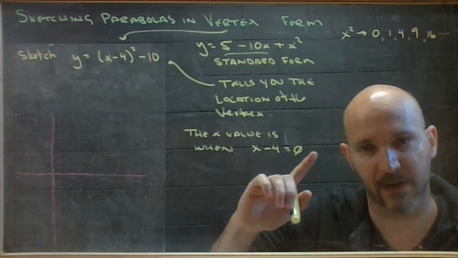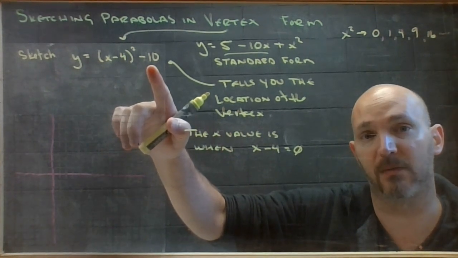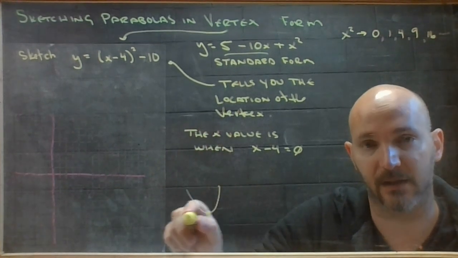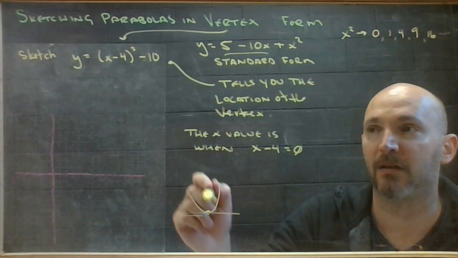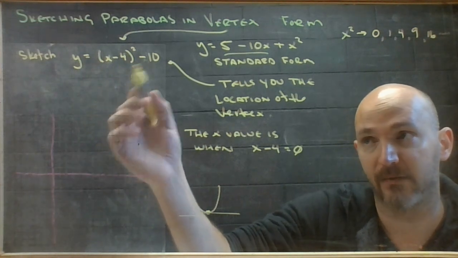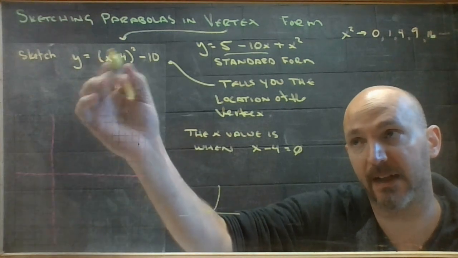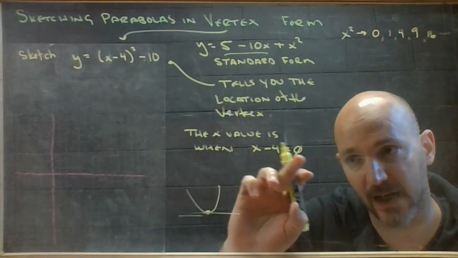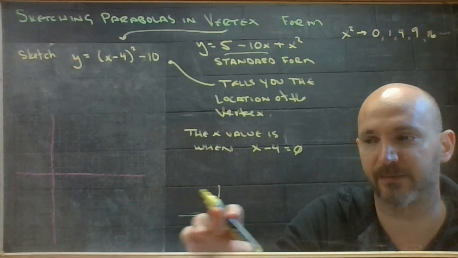So that's going to be the lowest place this can go. And if we're talking about a vertex, the vertex is the lowest place you can go. The smallest amount that you can add to that thing, right? I'm not going up at all. I would have to be adding 0 from this function part. So that's why the x value happens when the argument is 0.